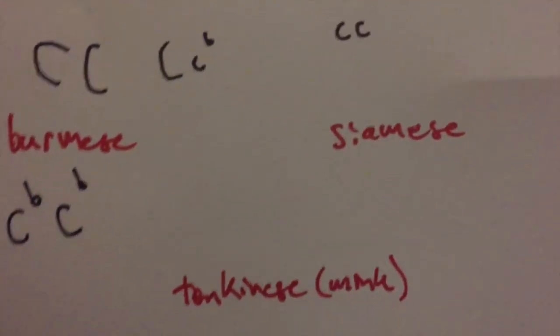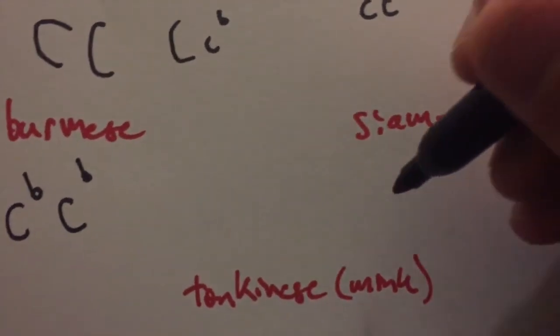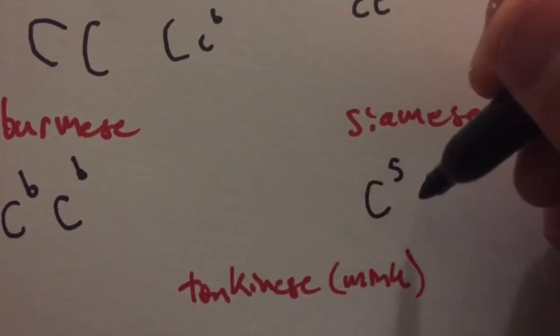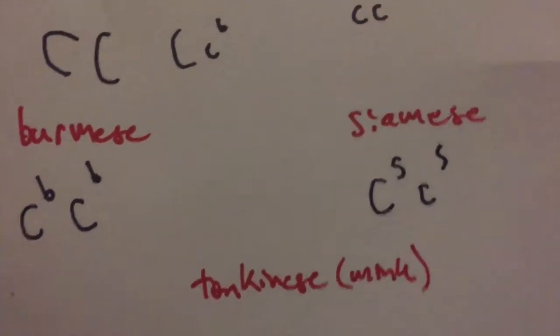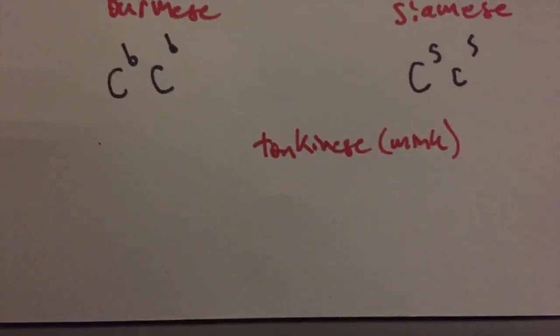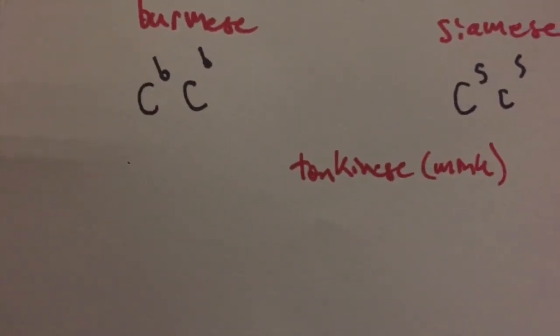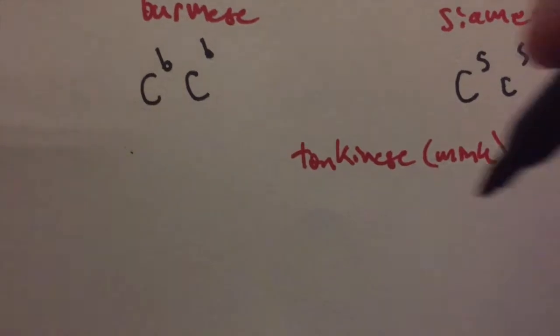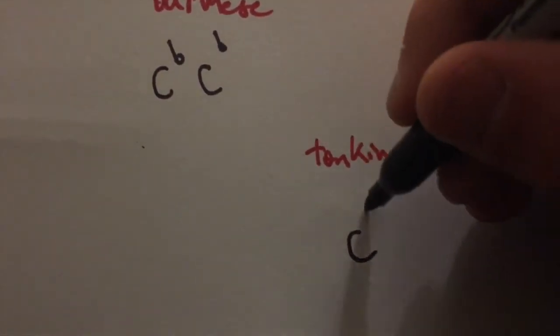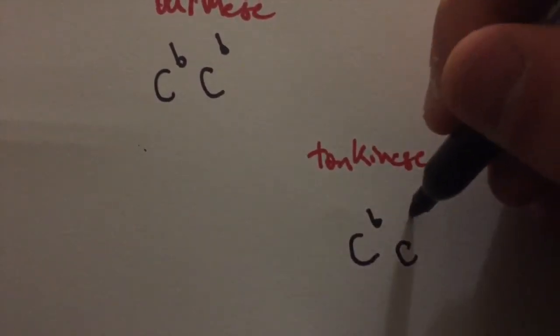The Burmese would have a C superscript B and then another C superscript B. And then Siamese, just like the Burmese, has the mutant tyrosinase, except it's a slightly different coat, the C superscript S. The Tonkinese is a mix of the 2. It has a mink coat, and you guessed it, it's a mix of the 2 alleles, so C B and then C S.